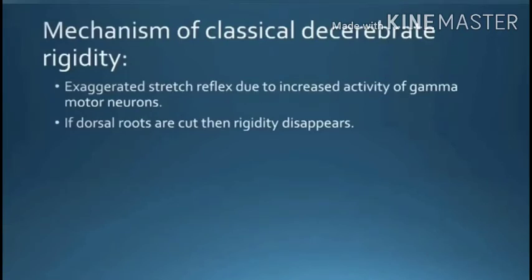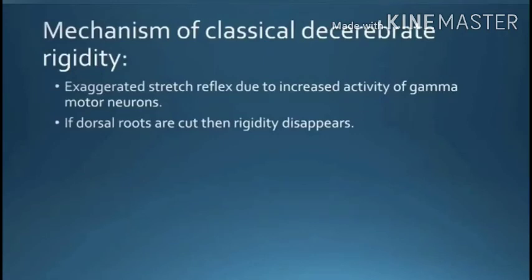So, if we cut the afferent nerves, what will happen? This rigidity will disappear because this is a gamma rigidity, or if we anesthetize the afferent nerve, this rigidity will disappear because it is due to the gamma motor neuron discharge.